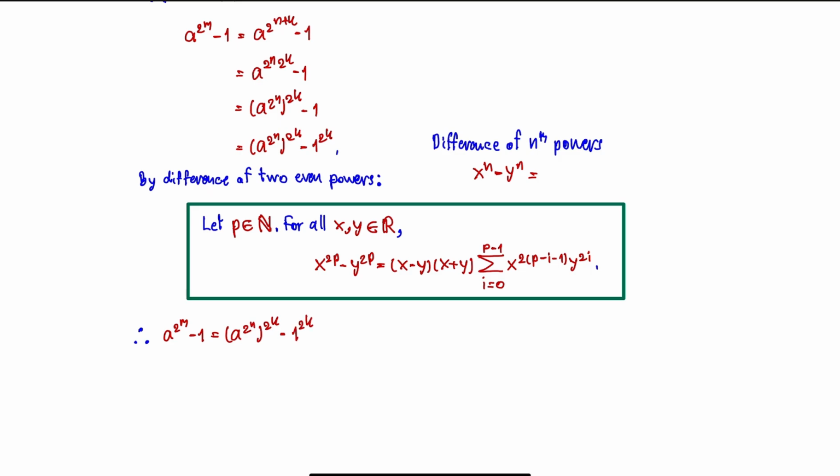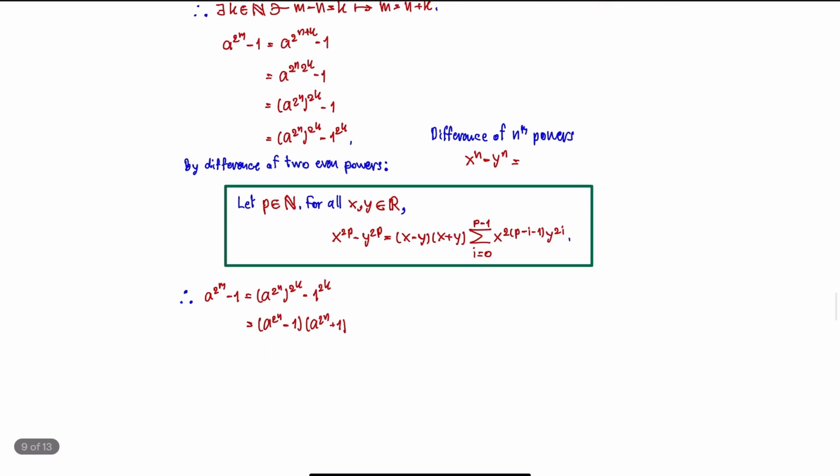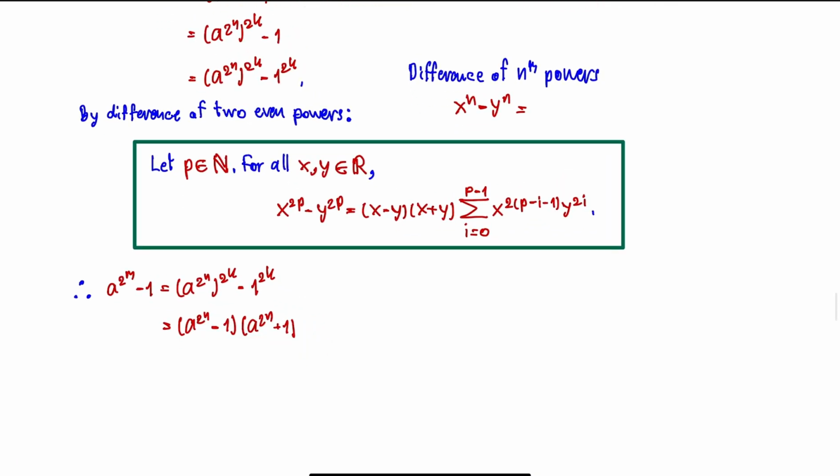Now we are trying to apply this formula, where x is a to the 2 to the n, and y is 1. We get a to the 2 to the n minus 1, times a to the 2 to the n plus 1. So this is the term we want to have, this one right here, and this summation.